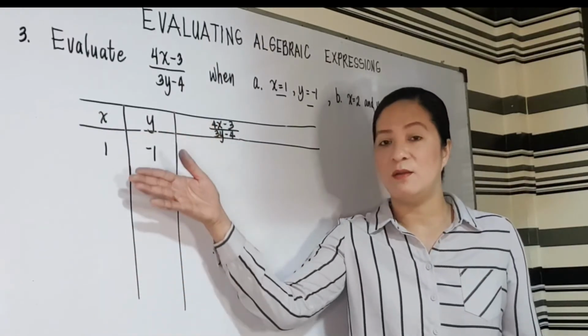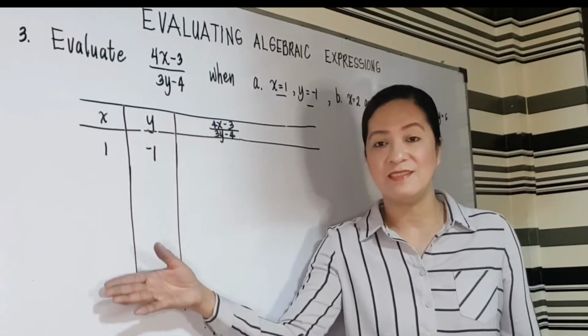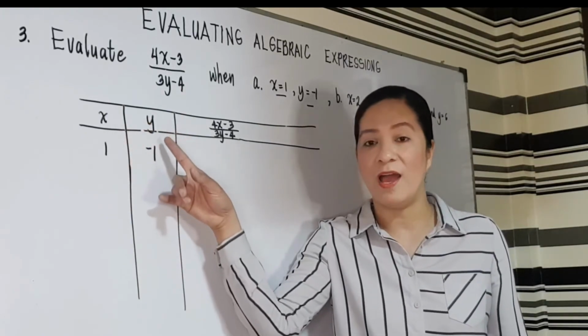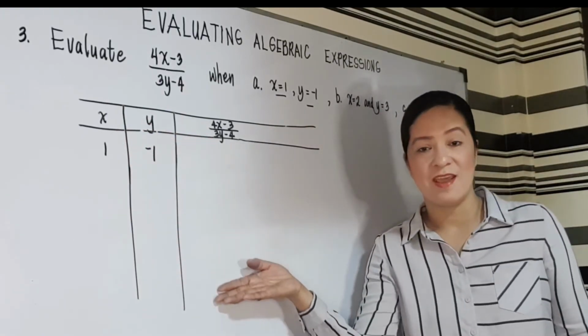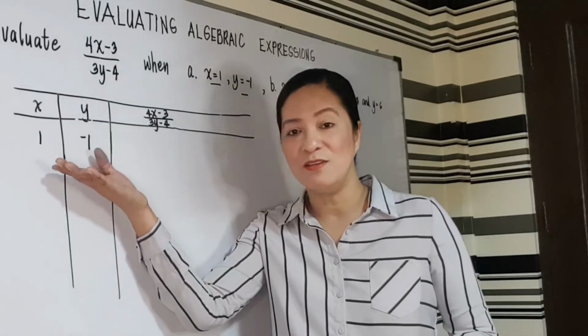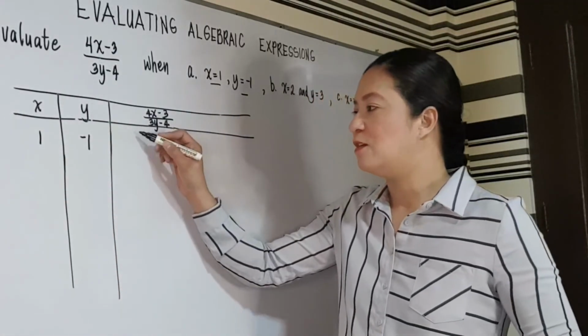Okay, so let us write it here like this. So, meron kang dalawang columns, no? For x and y. And this is for the given expression. Okay, so let us substitute the given values of the variables.